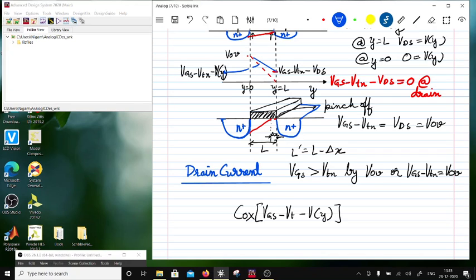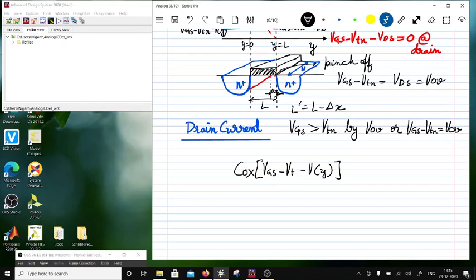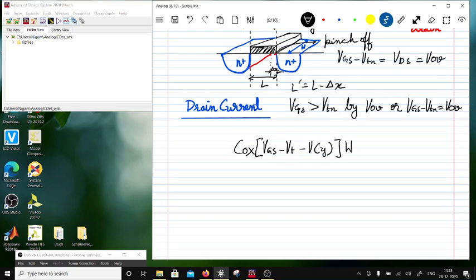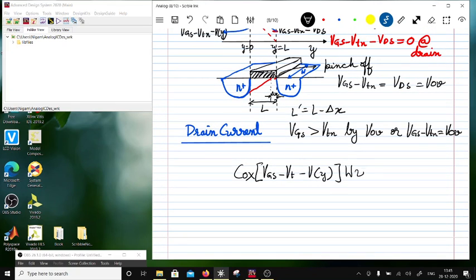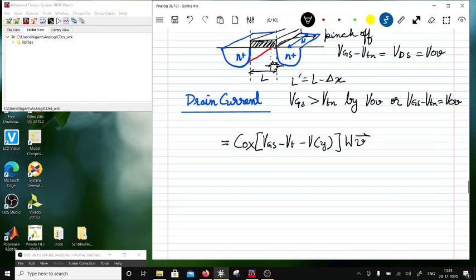So in 3D the device would look like that. This dimension is called the width, right? So the total charge will be width times that, times the velocity, which would be equal to the current ID.